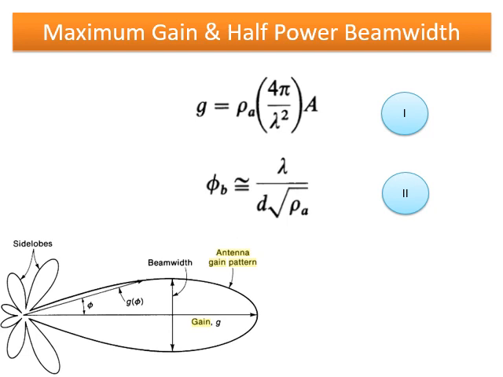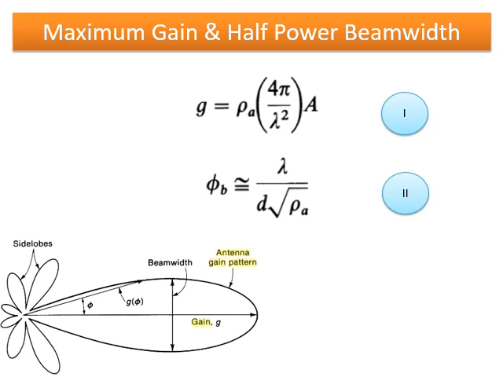Maximum gain G is equal to rho a multiplied by 4 pi over lambda squared multiplied by A, and half power beam width, because this beam width that we have seen is a measure of an angle over which most of the gain occurs.